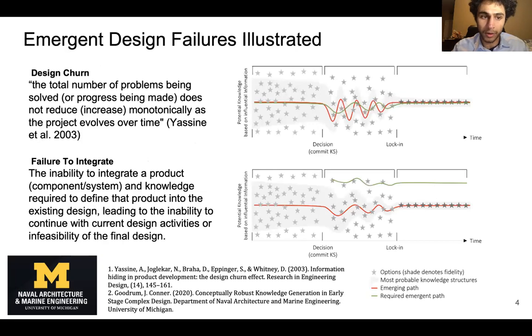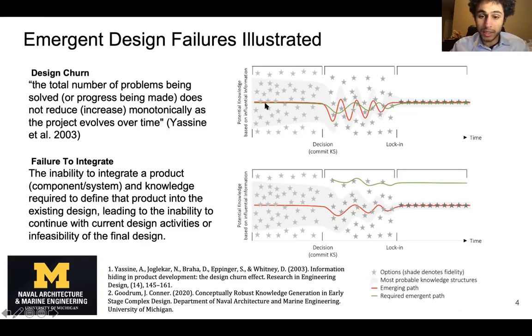So first, to the theory. The two design failures that I'm going to study and present to you are design churn and failure to integrate. Design churn happens when you're creating more problems than you're solving, and you're exploring knowledge structures that you don't need to explore. If you look here, this is the key to these graphs.